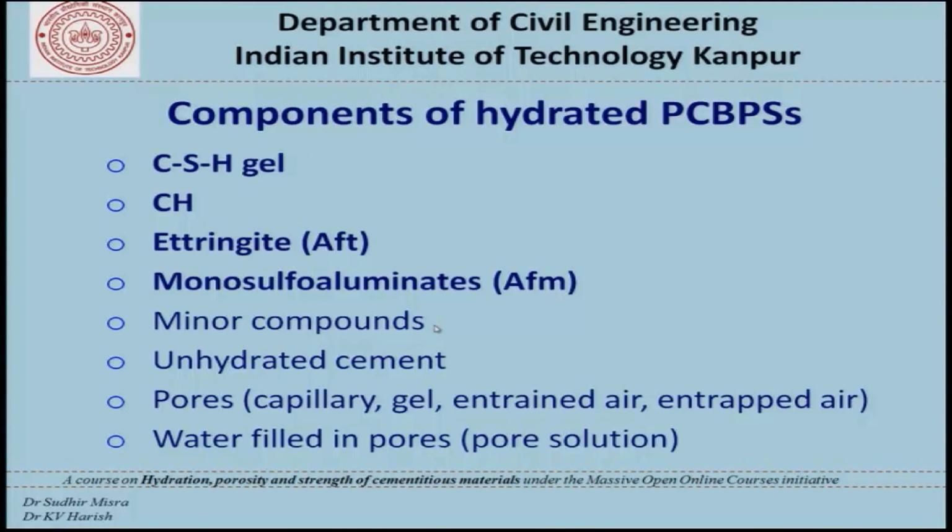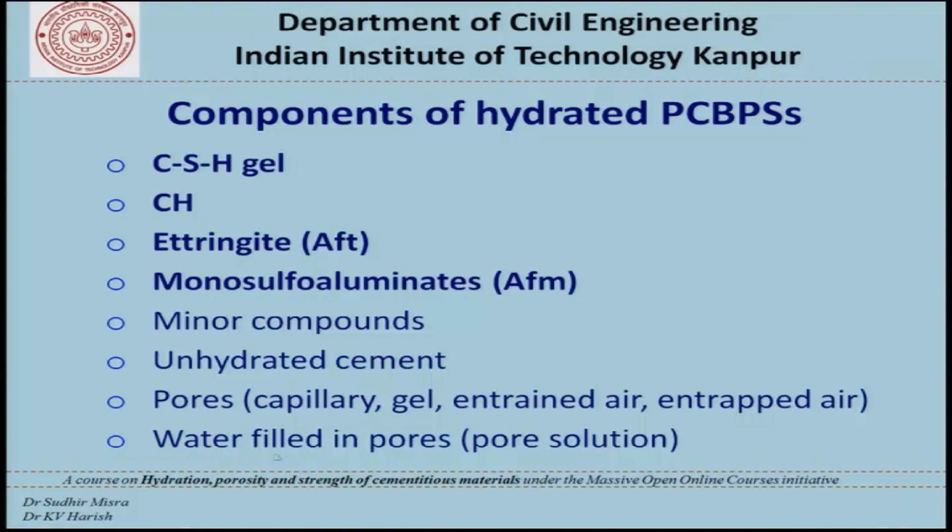In addition to these four compounds, which are generally referred to as major hydrated compounds, you also have some minor components. You also have unhydrated cement, which means that of the entire cement you initially put in water, some may not fully hydrate. So in our PCBPS system, some cement grains are still not fully hydrated. You also have pores: capillary pores, gel pores, entrained air, entrapped air.